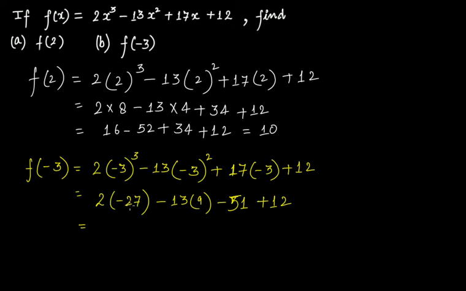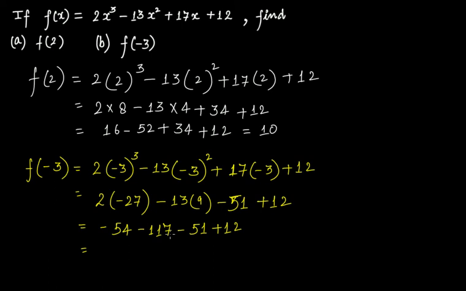So 2 multiplied by minus 27 is minus 54. Minus 54 minus 13 times 9, which is 117, minus 51 plus 12. So minus 54 minus 117 means this is minus 171.